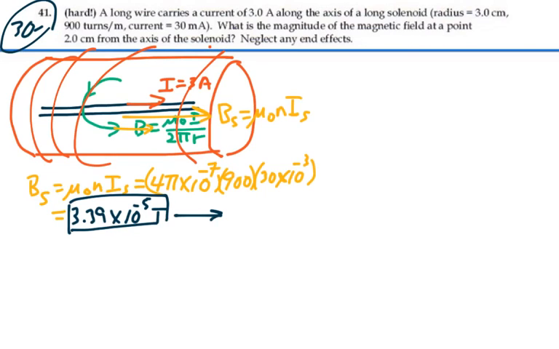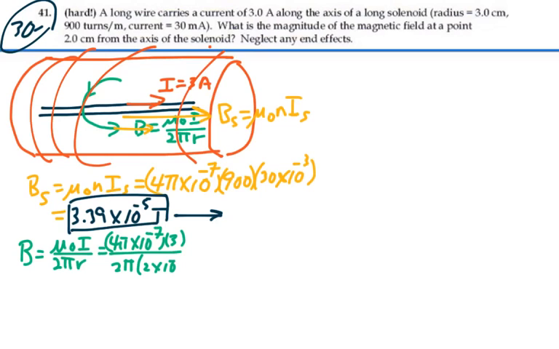On the other hand, the magnetic field of the wire is mu naught I over 2 pi r, which is 4 pi times 10 to the minus 7 for mu naught, times the current of the wire, 3 amps, over 2 pi, and then we evaluate this 2 centimeters from the axis of the solenoid, which is the axis of the wire, so 2 times 10 to the minus 2 for that distance. 4 pi divided by 2 pi leaves us with a 2, and that 2 cancels with the 2 down here.